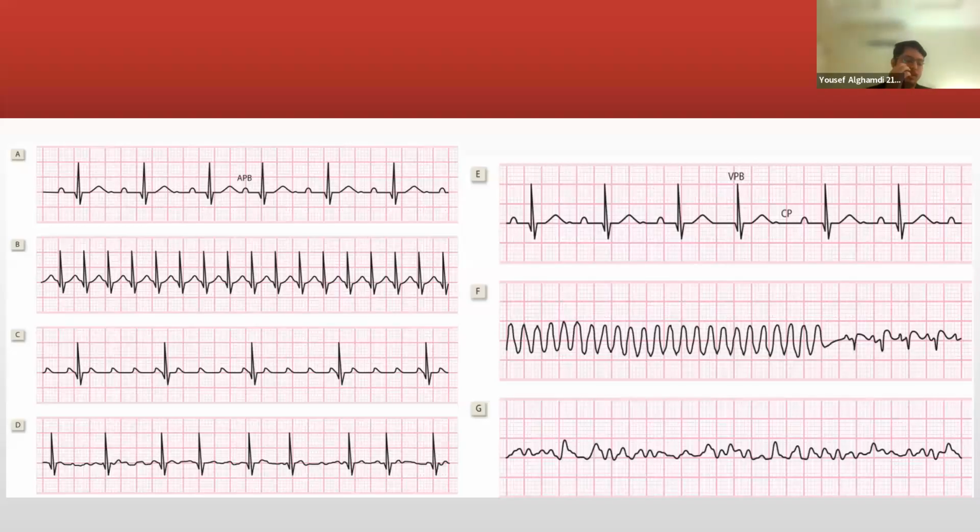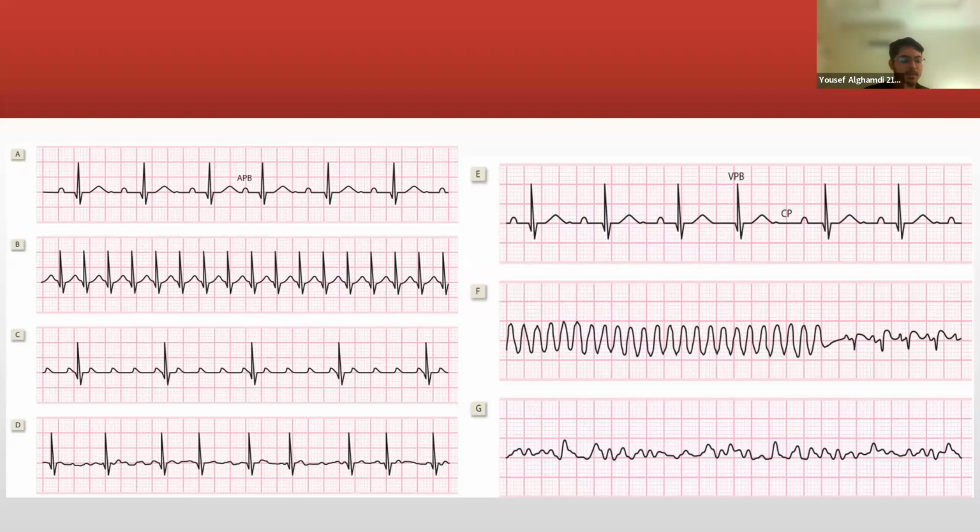It's multifocal, after VFib. You have unifocal and you have multifocal. Unifocal means it's in one direction, multifocal means it's in multiple directions, right? So if you have multiple directions, then it's VFib or VTAC, I'm not sure.